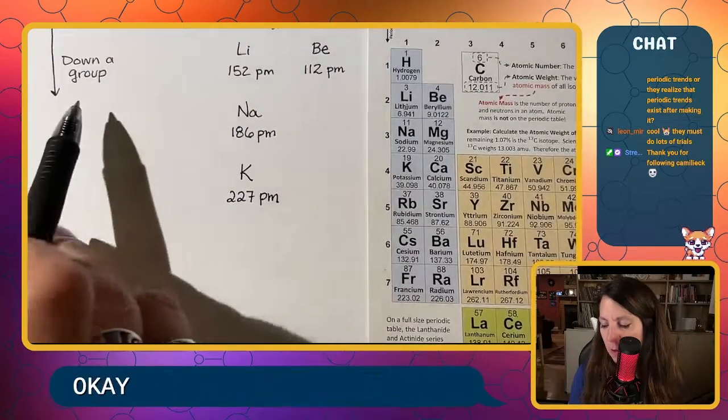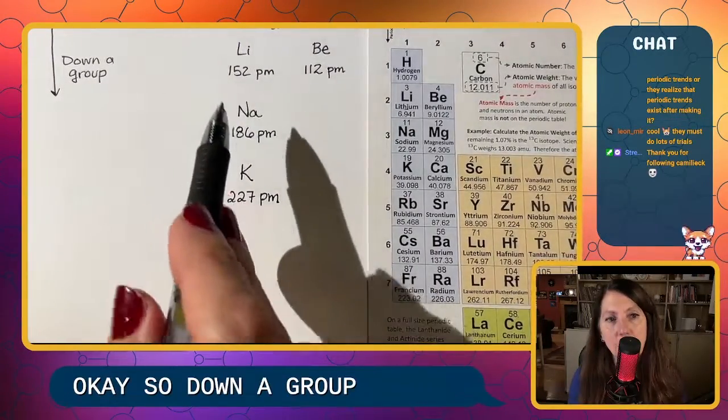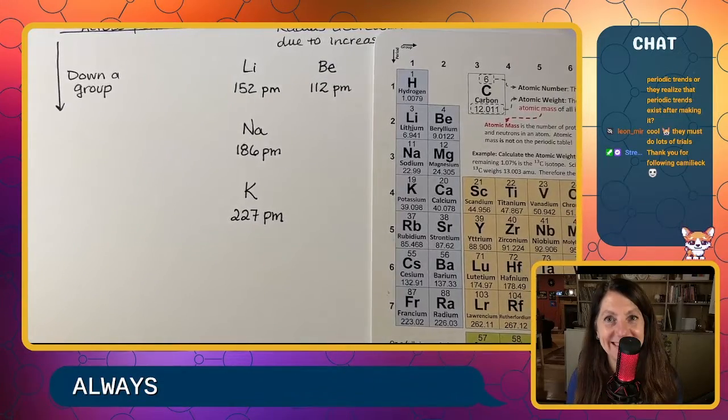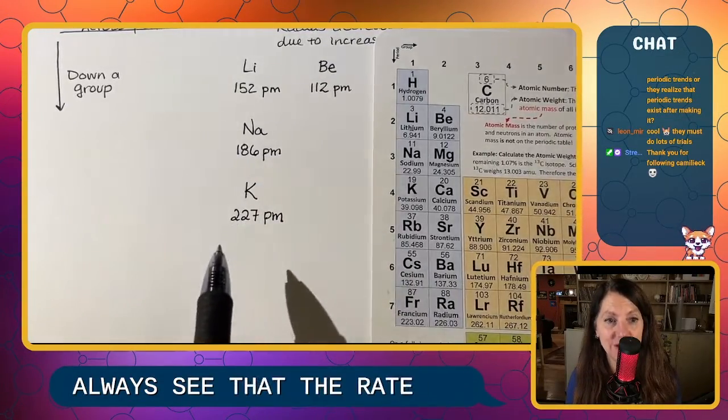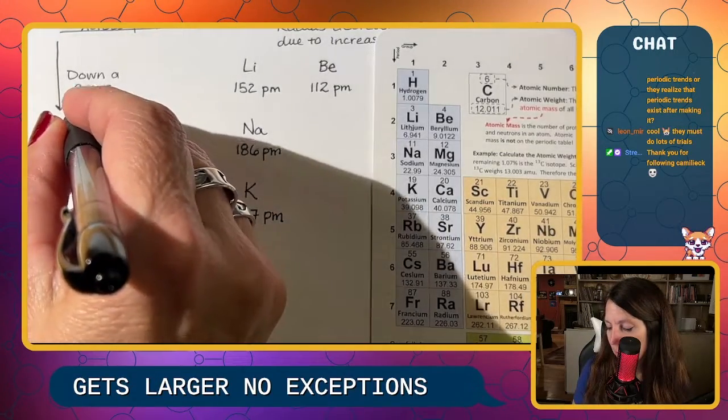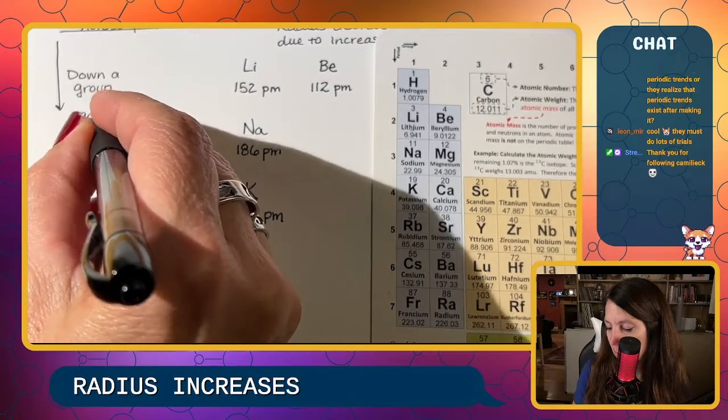Okay, so down a group, we will always see that the radius gets larger. No exceptions. Radius increases.